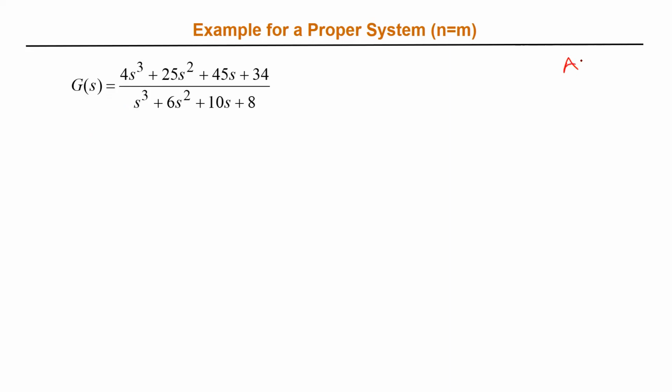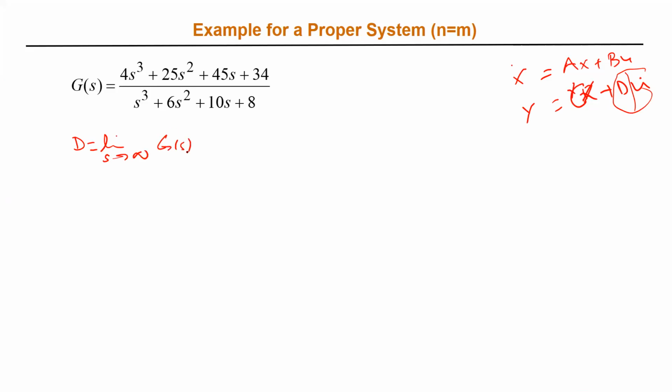Remember we need x dot = Ax + Bu, y = Cx + Du. The matrix D we can get directly by taking D equal to the limit as s goes to infinity of G(s), which is exactly the constant you get when you do the long division.